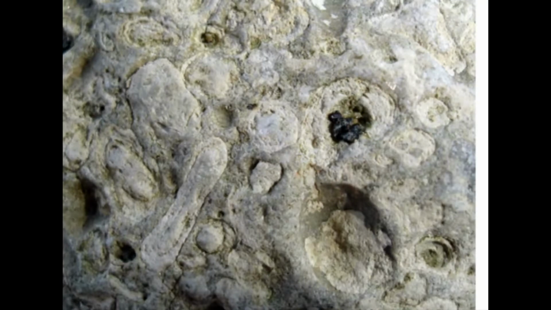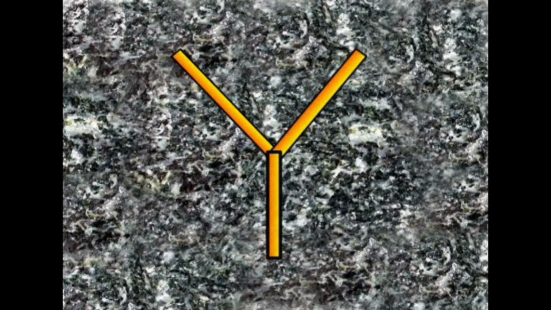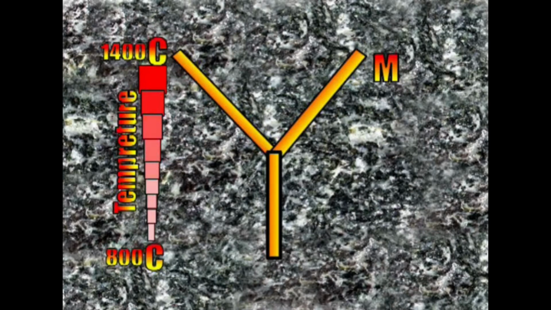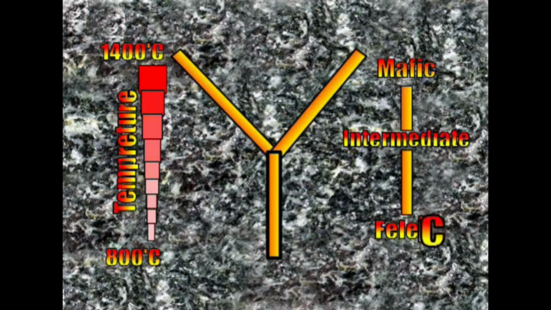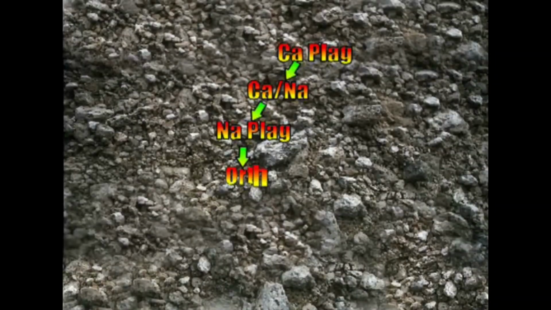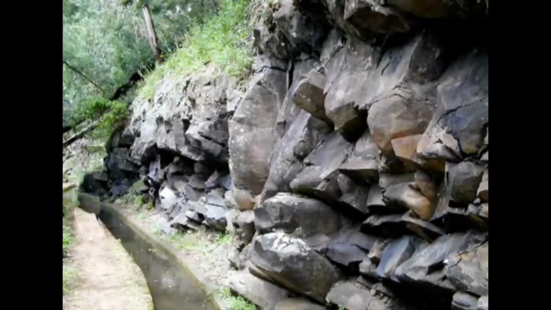In between, these ions mix in a continuous series from 100% calcium and 0% sodium at the highest temperature, to 50% calcium and 50% sodium at the middle temperature, to 0% calcium and 100% sodium at the lowest temperature.